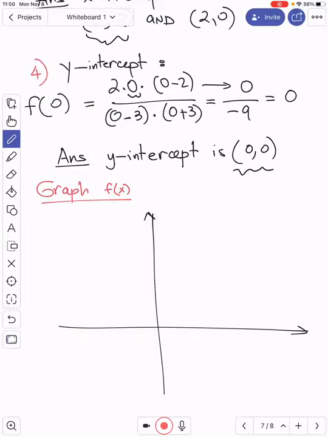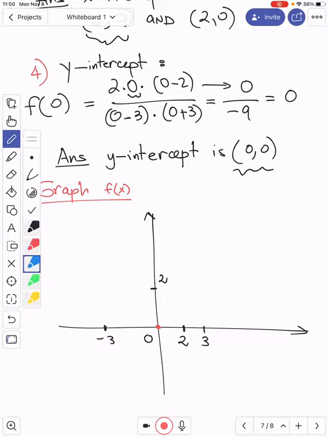My vertical asymptotes are -3 and +3, and my horizontal asymptote is y equals 2. I have 0, 0, so I'm going to need 0 here, and I'm going to need a +2, my second x-intercept.